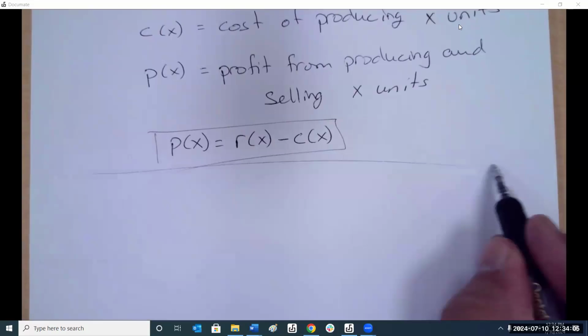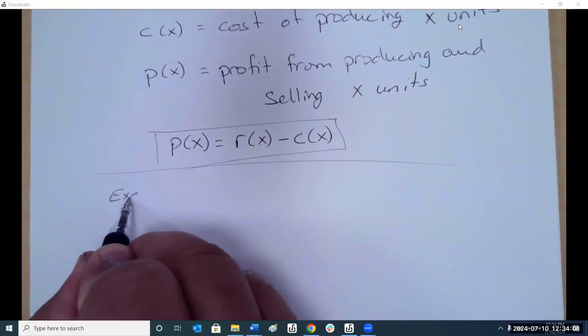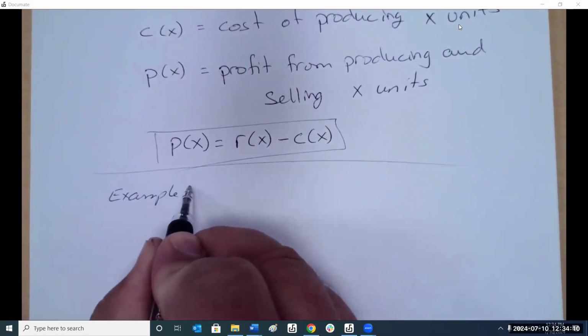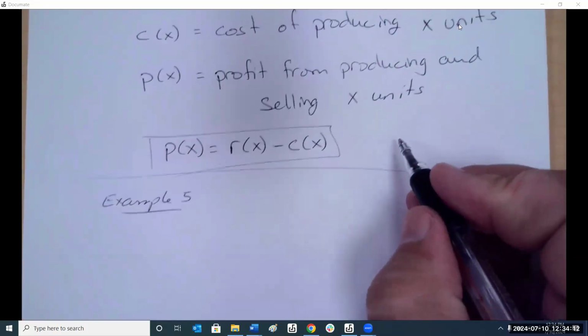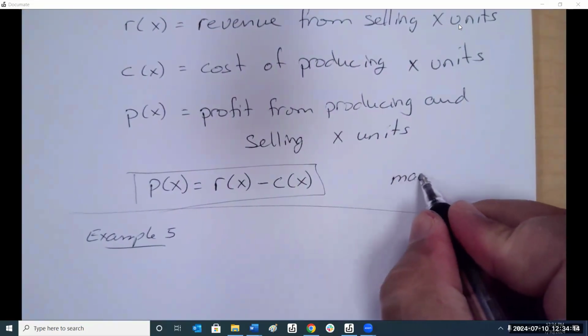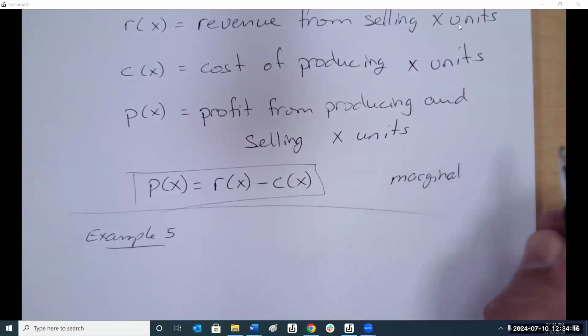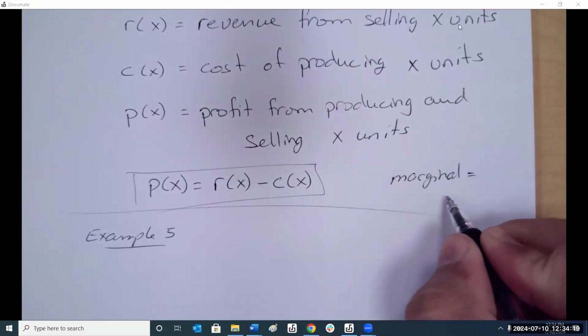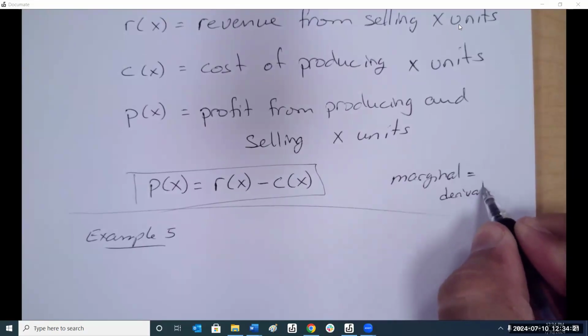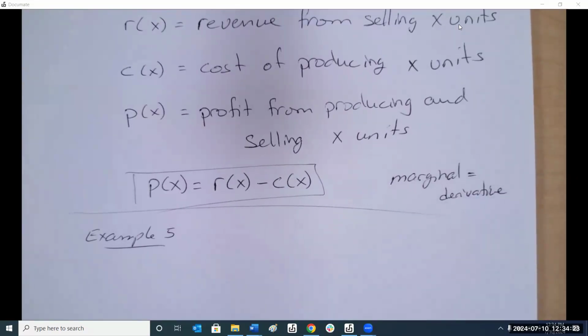All right, so that's example 5. Also, whenever you see the word marginal, that means a derivative in economics.